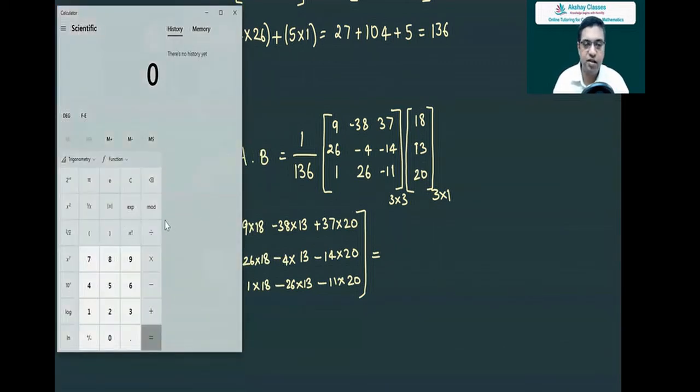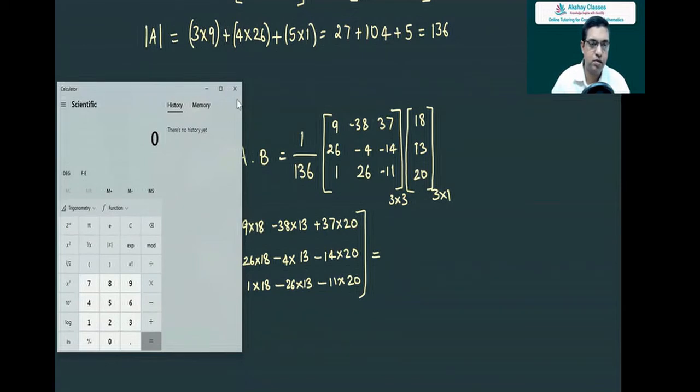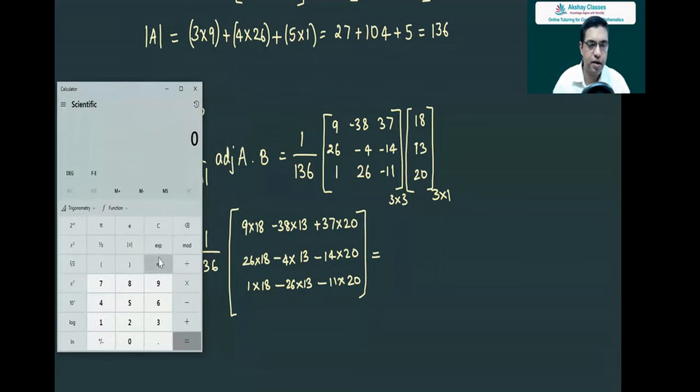Are you able to see the calculator? Yes, sir. Okay.